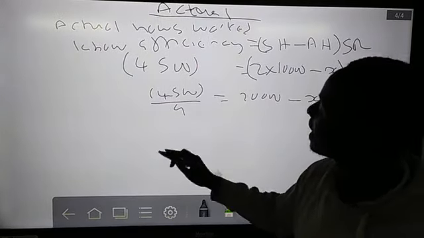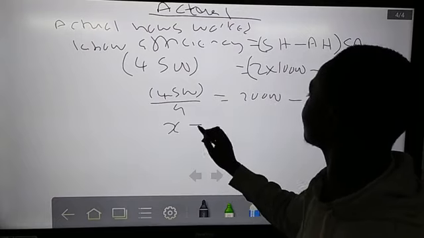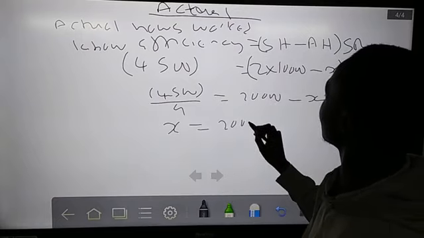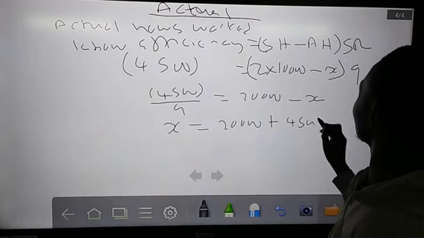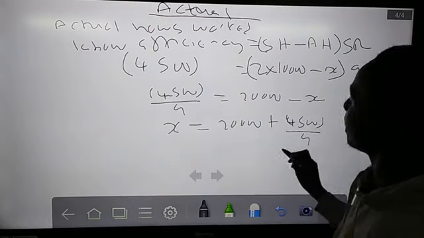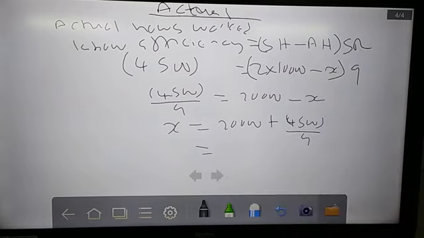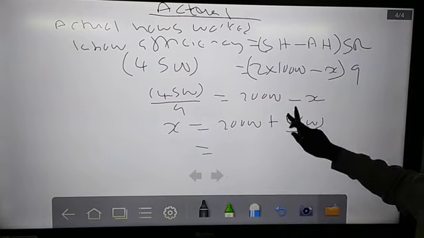Then you make X the subject of the formula. X equals 20,000, and if you take this one, it becomes positive 4.5 divided by 9. Therefore, our answer is now positive, it comes to this side.